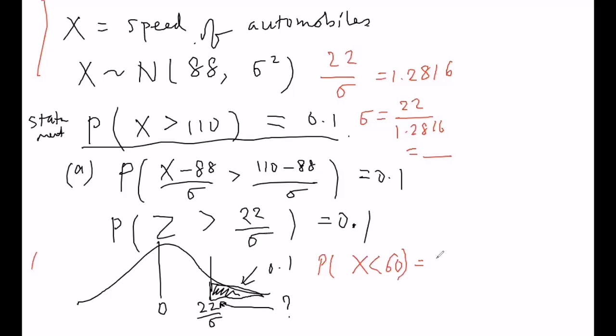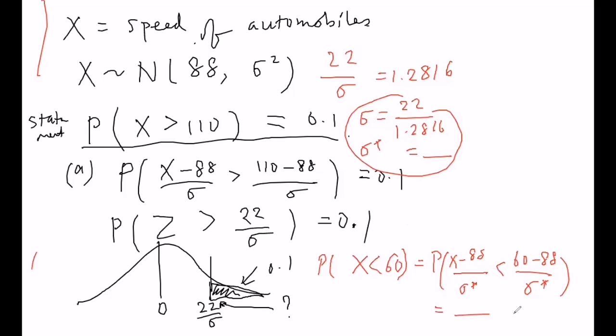Again, X subtract 88 divided by the standard deviation, which you already found, which is this guy here. I just put a star here. So you just plug in that value, and it's less than this. This is just a standard question, and then you can calculate.